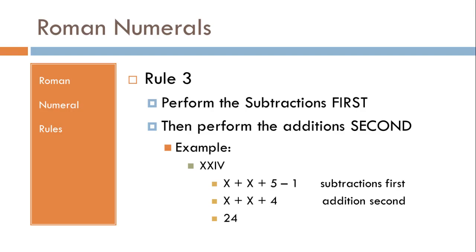I'm going to do XX, which is 20, 5 minus 1, okay, 4. So XX plus 4 equals 24. Notice we didn't add 10 plus 5 anywhere in there. We're going to do the subtractions first, 5 minus 1, and then the additions second. Roman numerals, you don't even really think about these rules much once you really get to know them. You just kind of know what they are. You know when you see XXIV, it's 24.